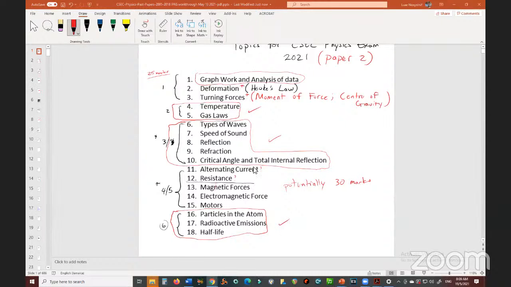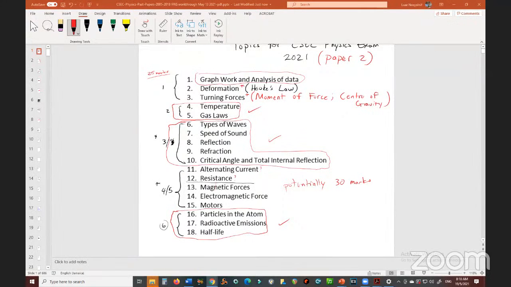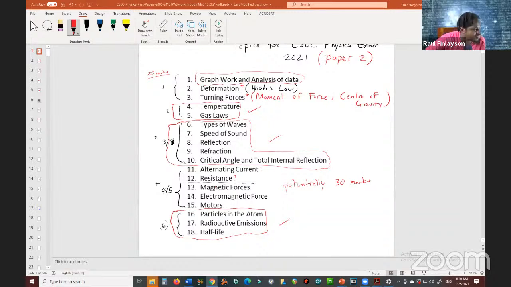It's current that only flows one way, sir. Yeah, an alternating current. I think I mix it with something else. Yeah, well, think about it, because we have to get to the root of this. What on earth is an alternating current?